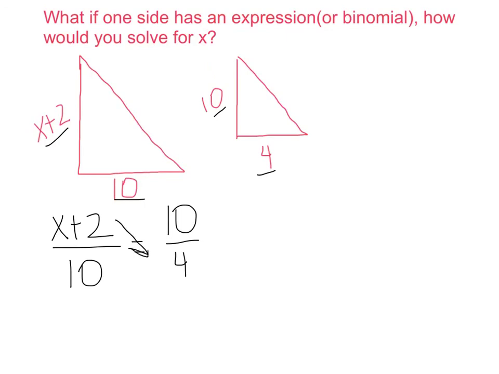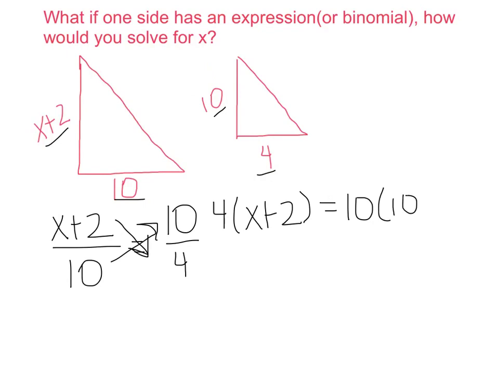So 4 times x plus 2 equals 10 times 10. So we need to use the distributive property. So 4 times x plus 4 times 2, which is 8, equals 100.